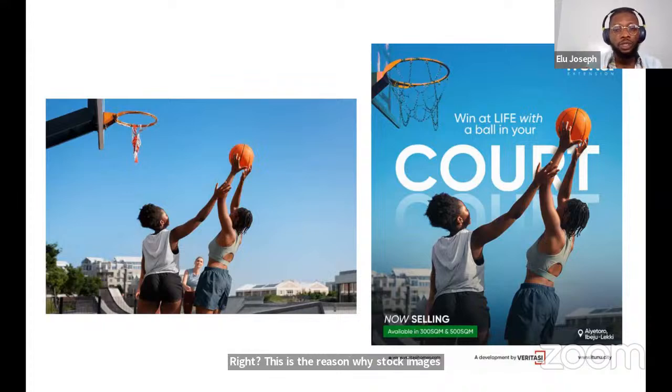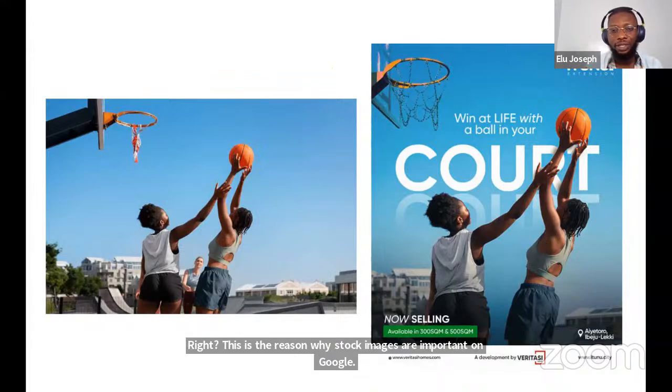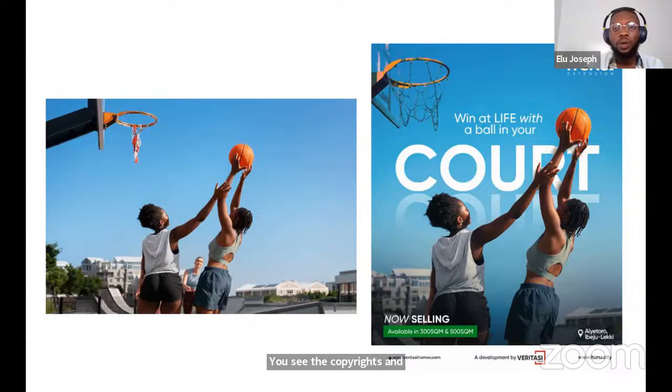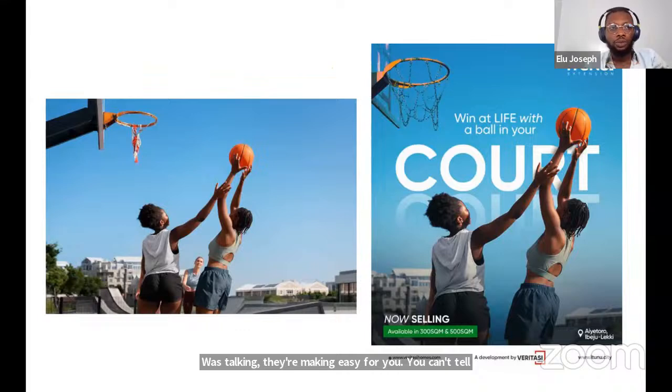On Google, you see the copyright and everything, but you can't tell who owns the image or how to reach out to them. But stock images, they make it easy for you. You can tell that, okay, whoever has this image has uploaded it on maybe Shutterstock or iStock for sale. And when you pay money and you get those images, you are licensed to use it. Why? Because you bought it.